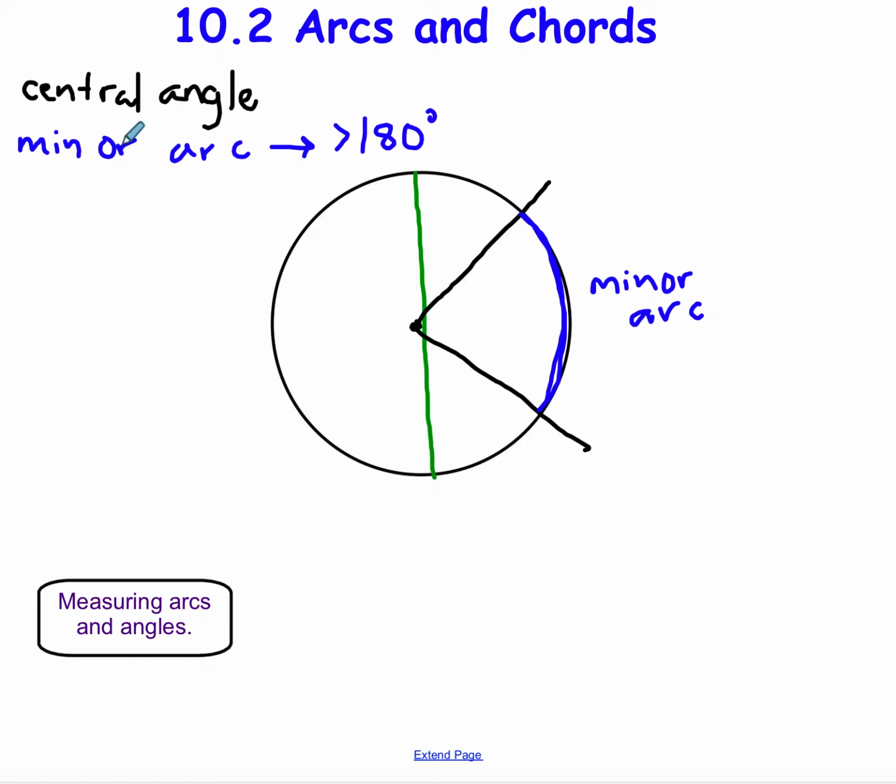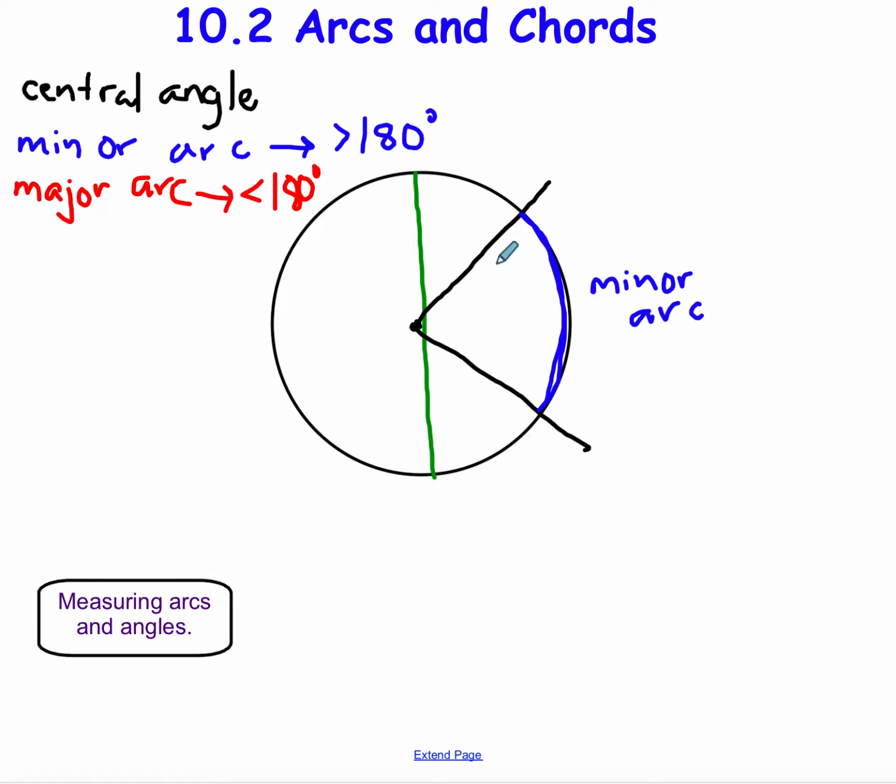Now, I'm sure you're guessing, just like there are minor arcs, there are also things called major arcs. And a major arc, as I'm sure you're guessing, is greater than 180 degrees.